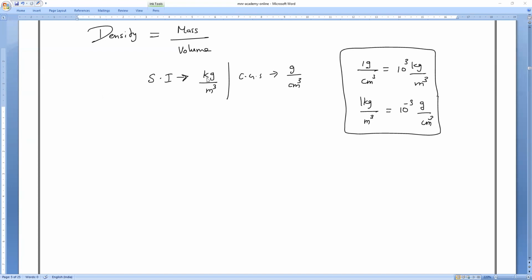So now, as we know, density of a substance is a characteristic property of a substance. So we can decide a substance based upon the density. We can decide whether the object is lighter or heavier. Under specified conditions, always remember, the density of a given substance always remains constant.